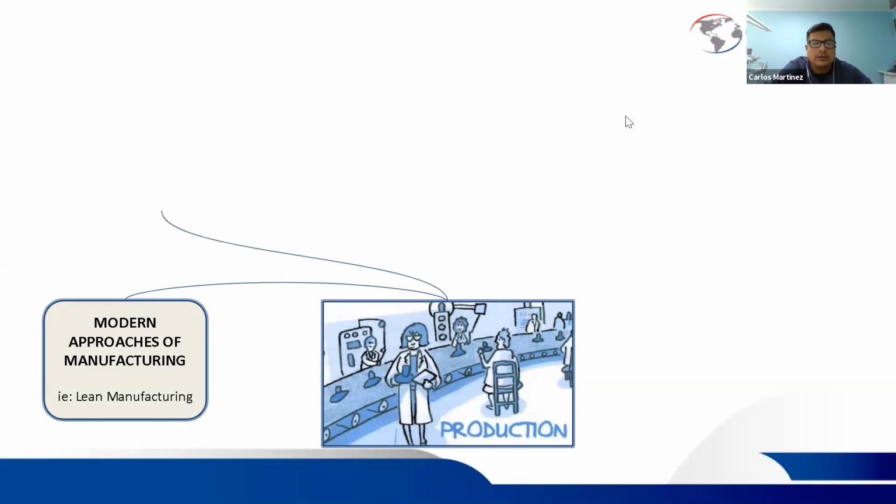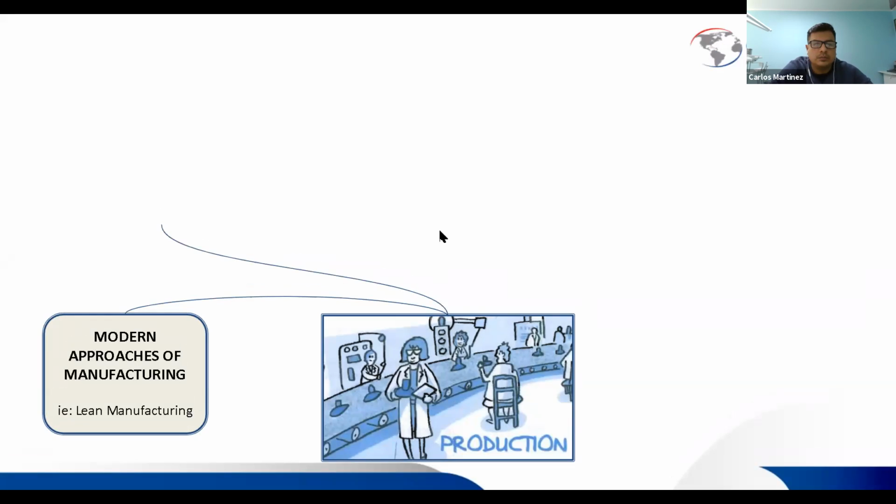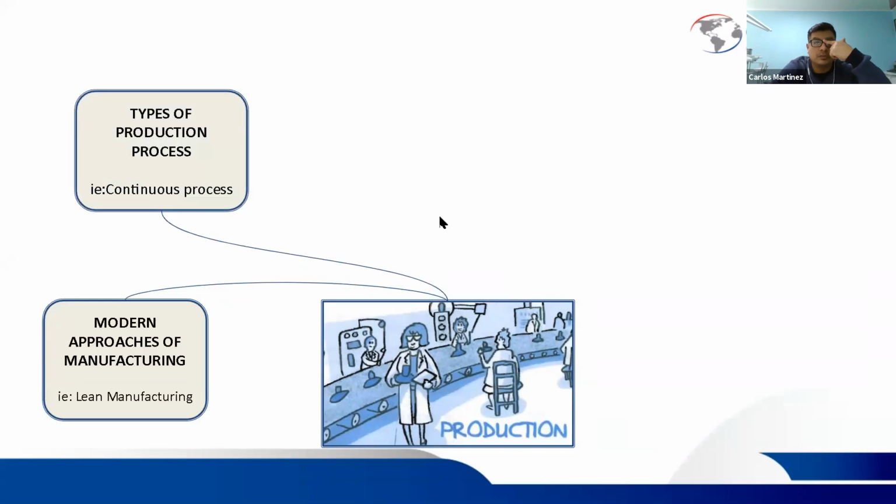The following topic related to production is the types of production process, for example, the continuous process and others that we're going to mention. So the first is the modern approaches to manufacturing, and the next is the types of production processes.